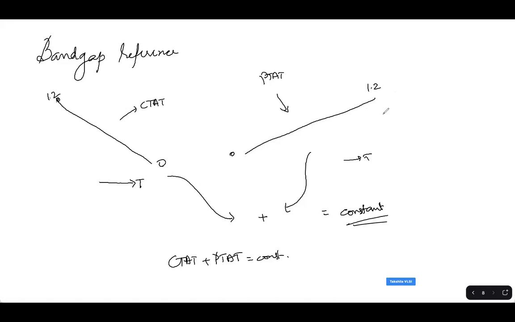Now, there are some catches here. What are the catches? If I have to do a PTAT plus CTAT to get a constant voltage, the slope of this CTAT voltage should be equal to the slope of the PTAT voltage. If the slopes are not equal, then we are in for trouble.